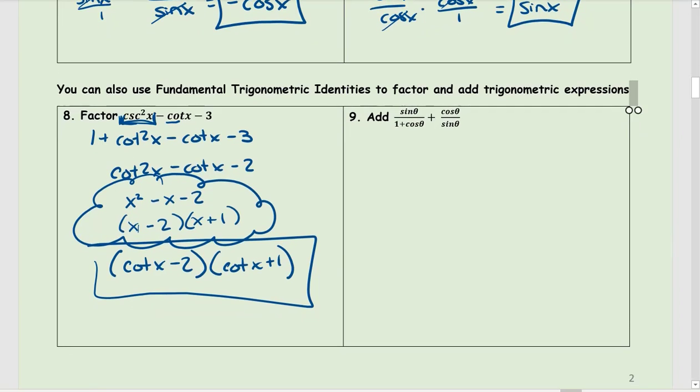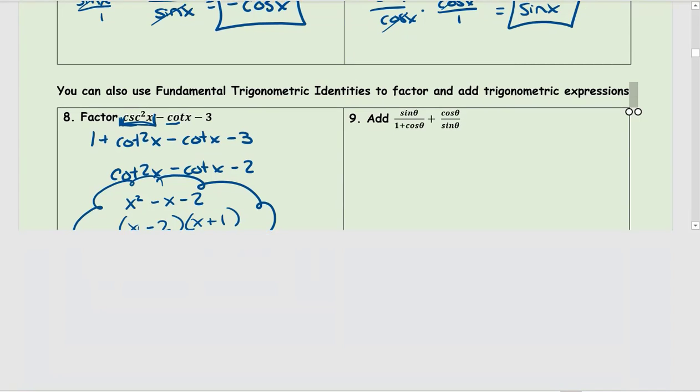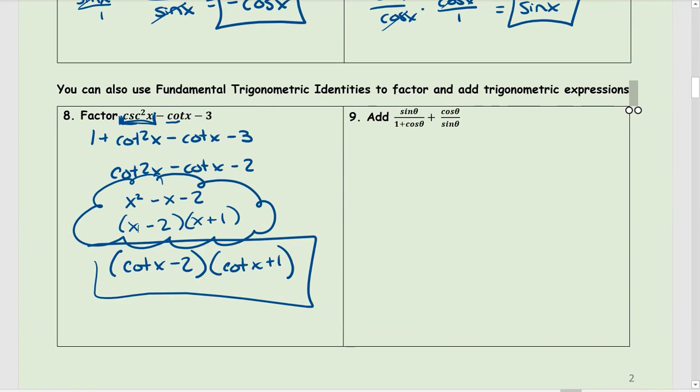Now that we factored it, we can actually solve for cotangent, but that's going to be a little bit later on in the chapter. The last thing we can do is add these nasty looking fractions here. In order to do that, we need to find a common denominator. The common denominator between 1 plus cosine x and sine of theta, I'm sorry, they're all thetas, is we're going to multiply them by the opposite denominator.